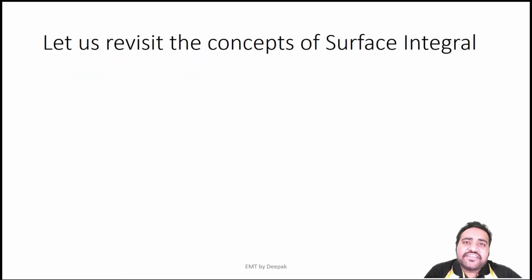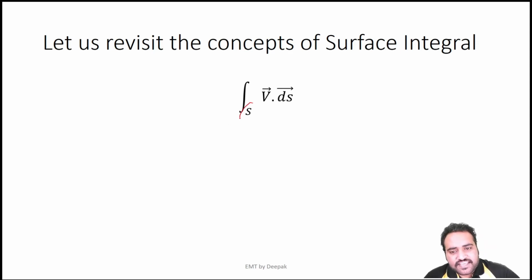Let us revisit the concept of a surface integral. The general form of a surface integral would look like this. In this, S stands for the surface over which we are considering the integration. V bar is the vector field which is being integrated. ds bar is the normal to the surface at any given point.